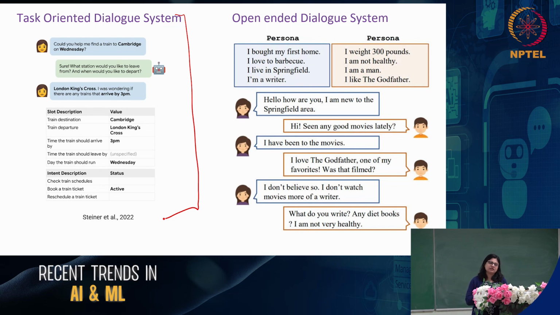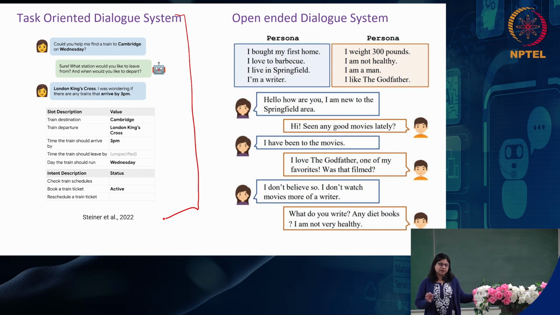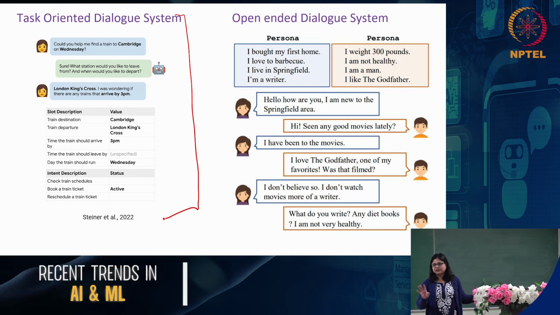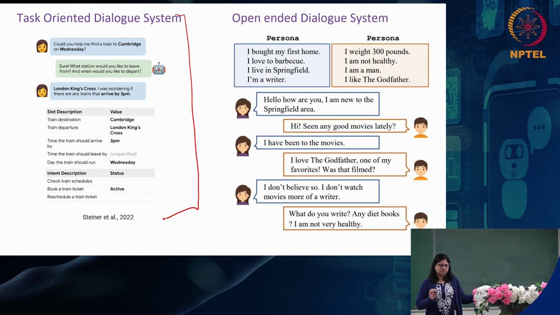There is no task in hand, but it is more difficult because you have to keep the customer engaged. Task-oriented dialogue system design is easier because the user has assigned a particular task and the chatbot has to solve it, like booking a restaurant or a flight ticket, or a computer that is not working, so you have to give a solution.